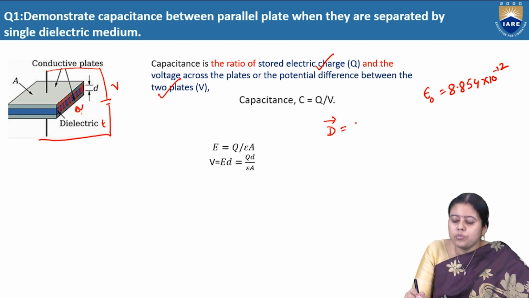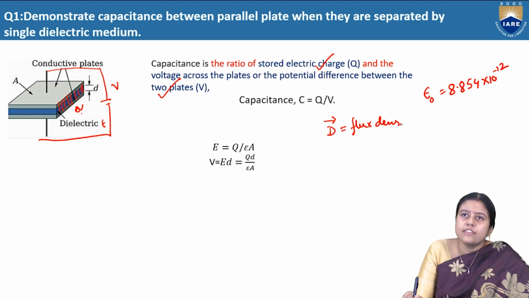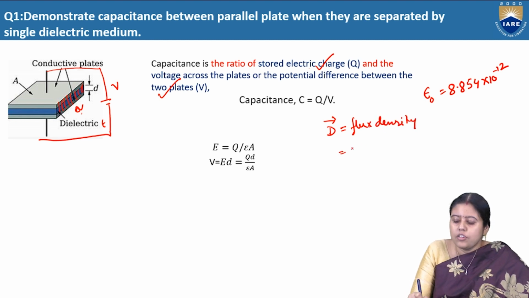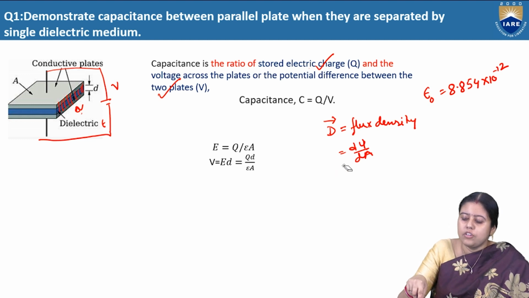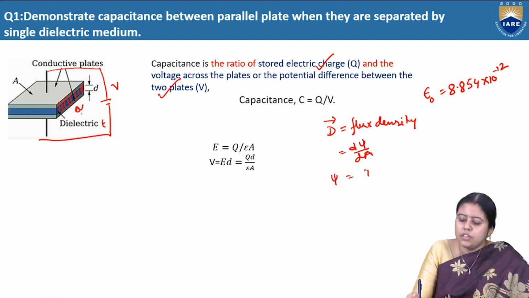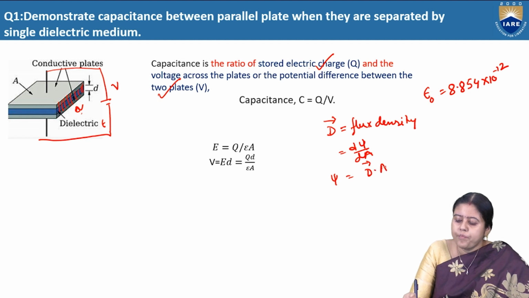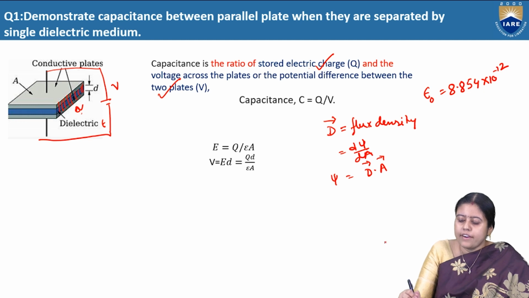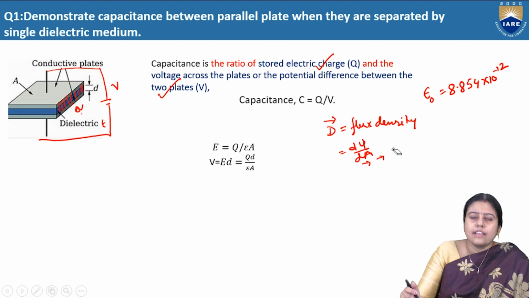We know the electric flux density D is equal to d psi by dA, where the cross-sectional area is A. So psi is equal to D into A, or D is equal to psi by A.